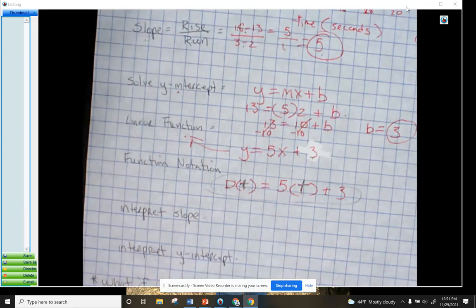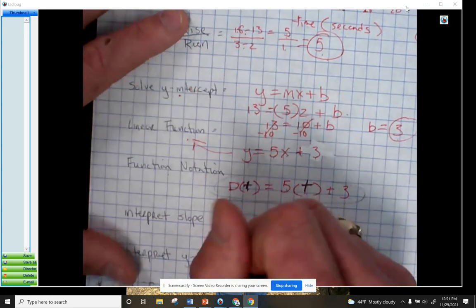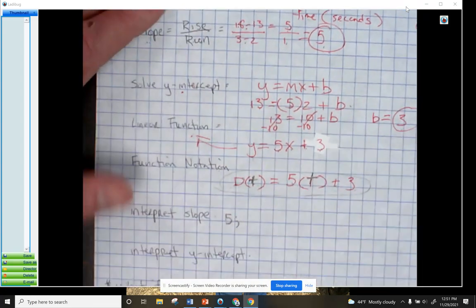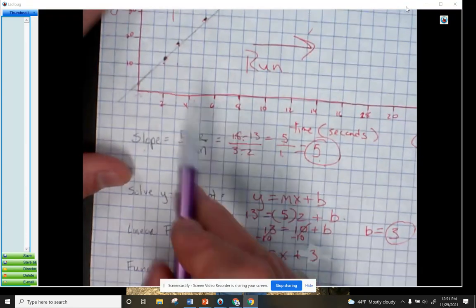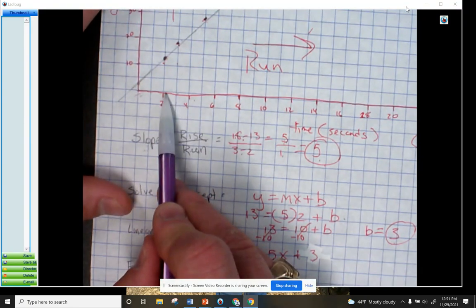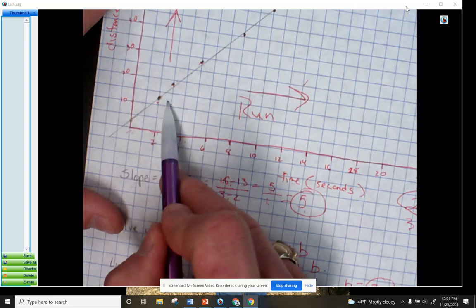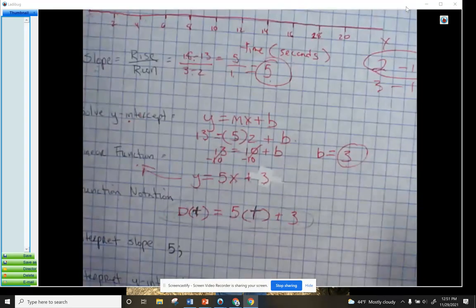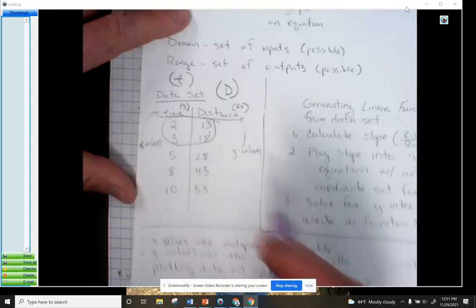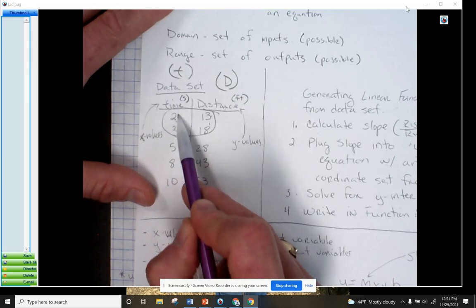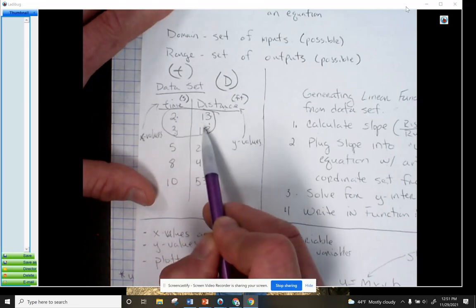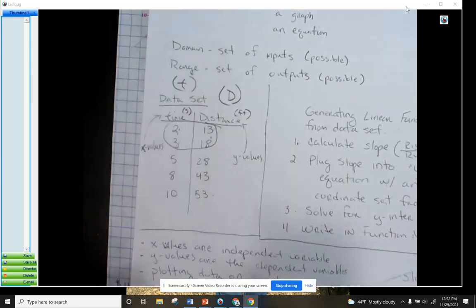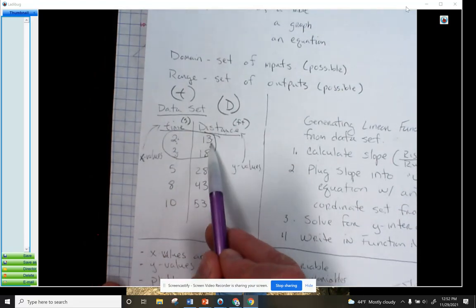Okay, interpret the slope. What does the slope mean? It's 5, and that means for every increase in x, it goes up 5. I want to come back here and look again. For every increase of 1 in time, x, our distance will increase by 5. So every second that passes, 5 feet of distance is added on.